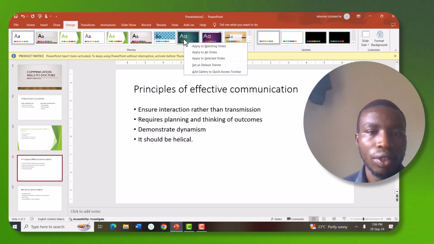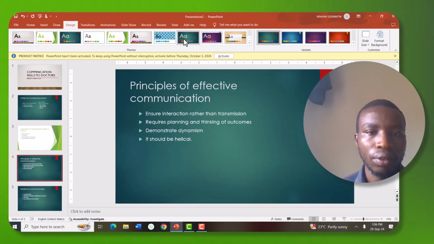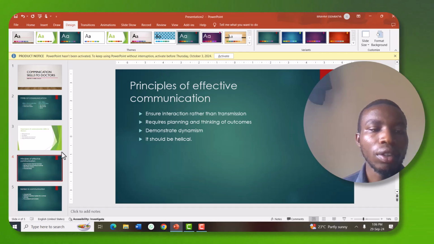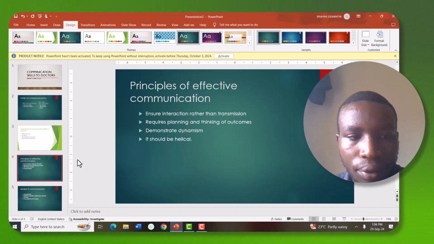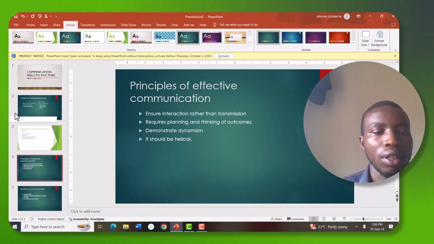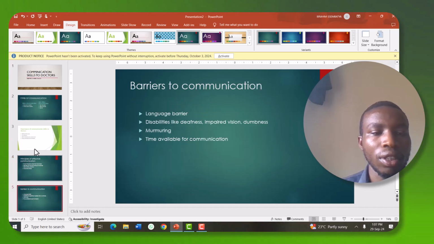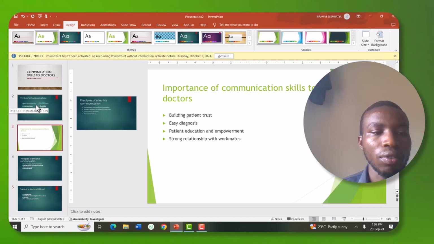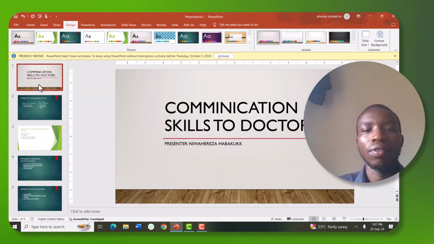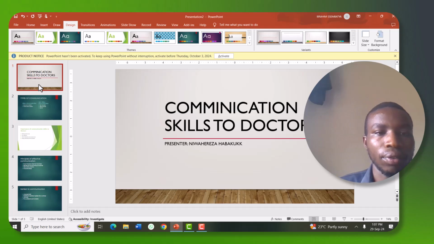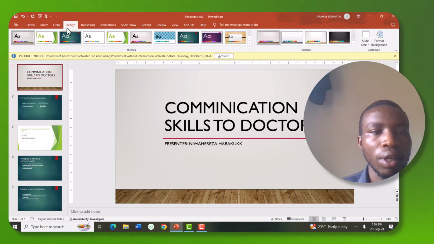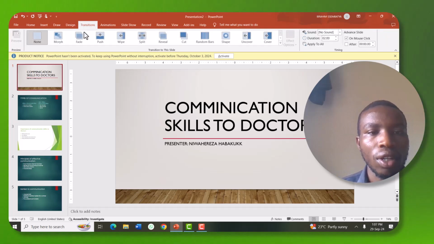Let me apply this one. Now, so those are the designs that I want to apply. So you see that I have changed the outlook of my presentation. Okay, now I want to apply transitions on slide 1.